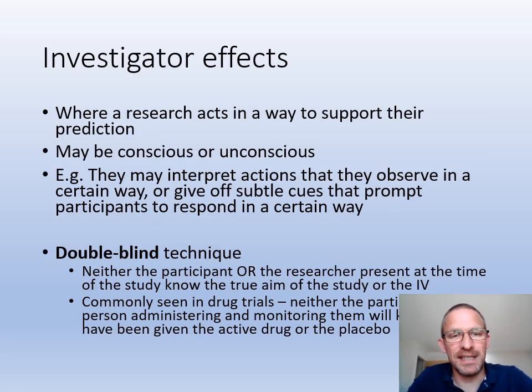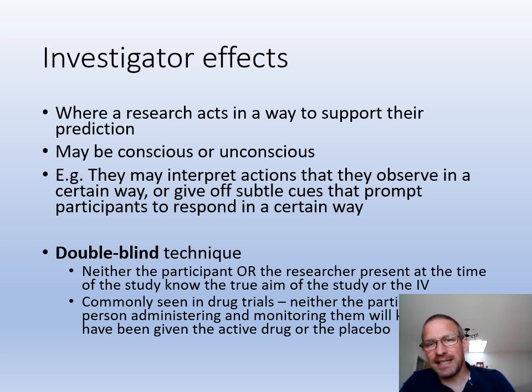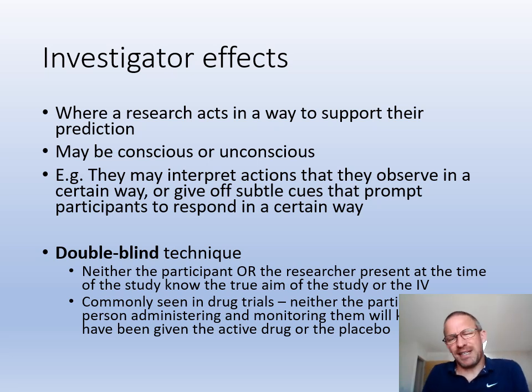Now, investigator effects, this is when the researcher acts in a way that does support their prediction. It could be conscious. I mean, it could be that you just go out of your way to fix it to get the results that you want. That's quite unlikely, you'd hope. It's more likely to be the more subtle, unconscious cues and prompts that people can give off. You've maybe experienced this.